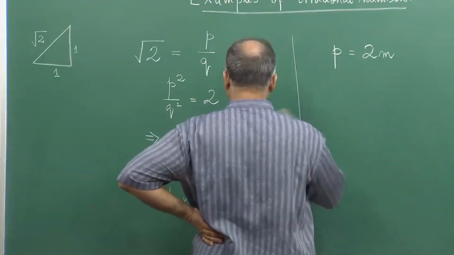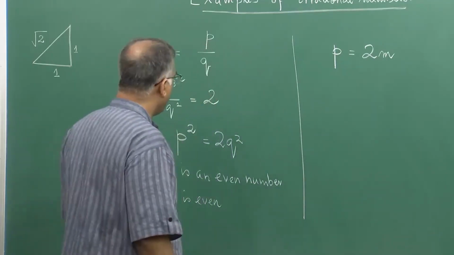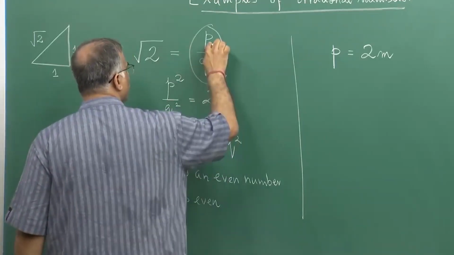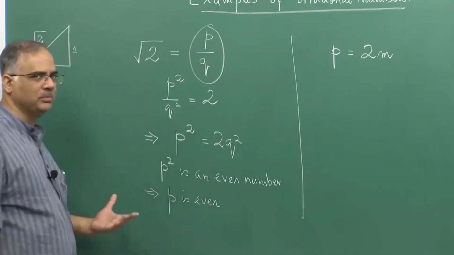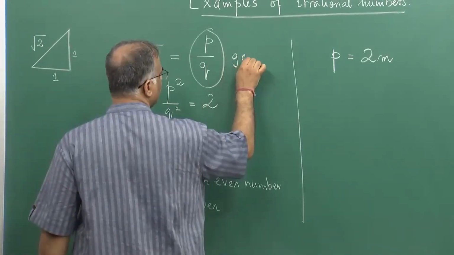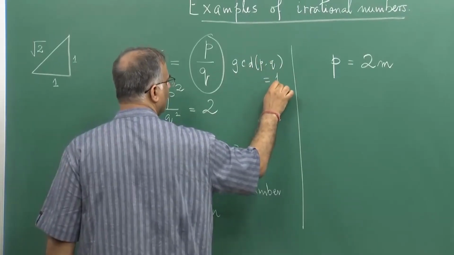Now, what you do is you put it back here. One important assumption that we take when we express the number in the form p by q is that we are expressing it in the most reduced terms, that is, the greatest common divisor between p and q is 1, they are relatively prime.